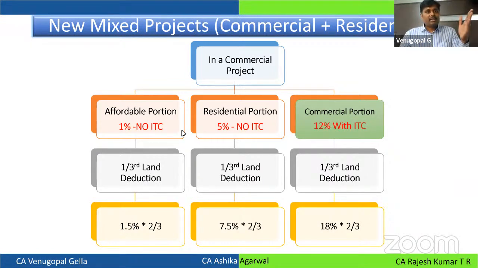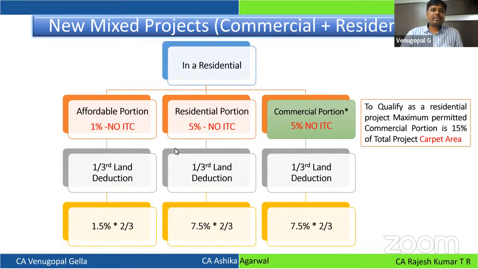But there could be a situation where the component of commercial portion is less than 15% of the total construction. When I say less than 15% of the total construction, the definition here is carpet area, which is what we have to look at.